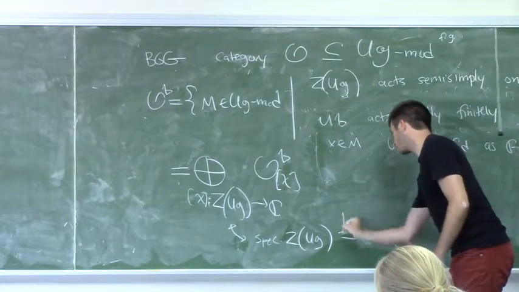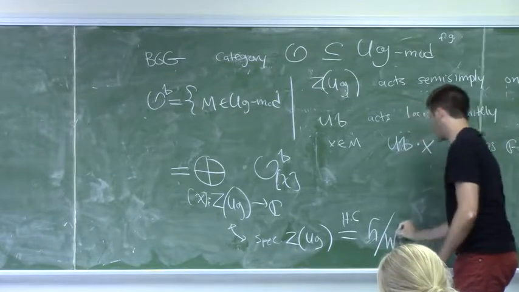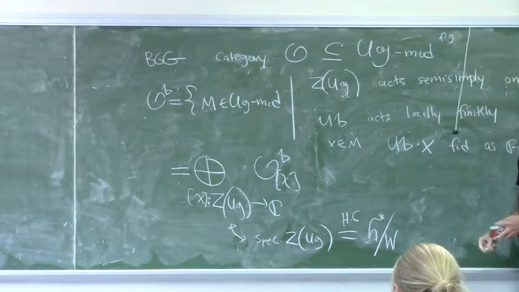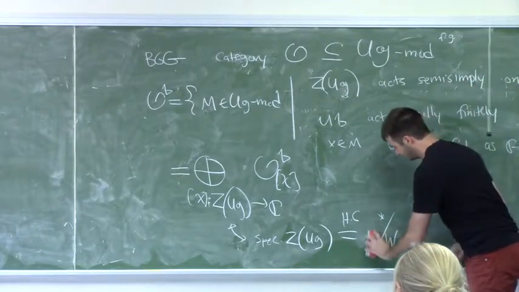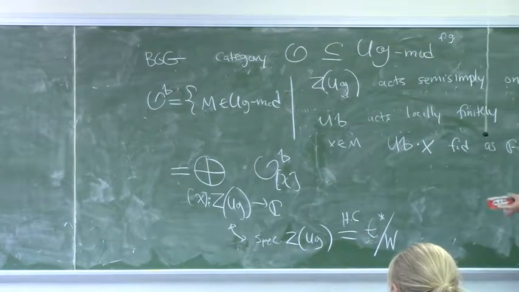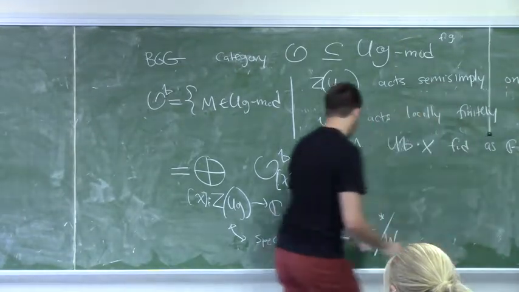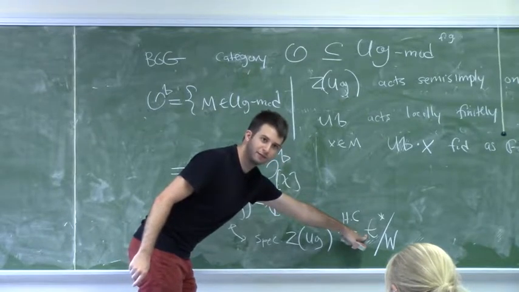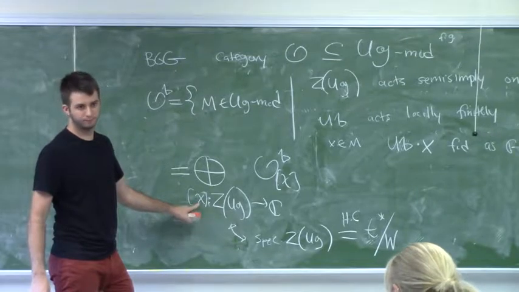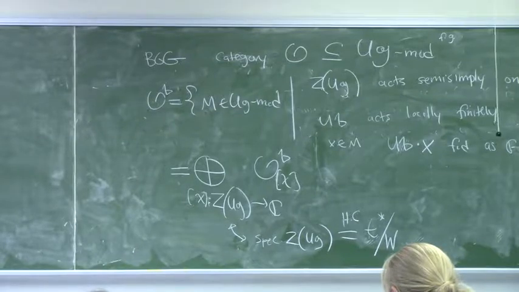And there's a theorem of Harish-Chandra, which says that this thing is isomorphic to H dual modulo W. So this is where the chi's live, and I'm just taking equivalence classes.